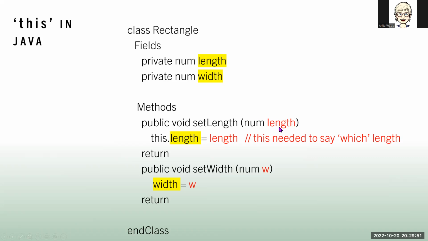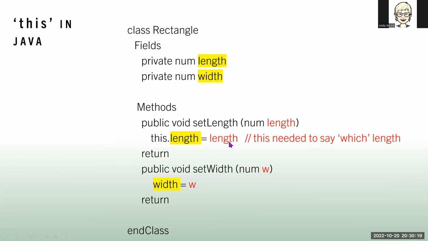And it's going to be a local variable. But now I've got length that comes in from the outside and length that is supposed to be on the inside. What we want to do is, if I want to do this assignment, what length is on what side of the assignment? Because it could be either way. It could be the red one over here and the yellow one over here, or the yellow one over here and the red one over here.